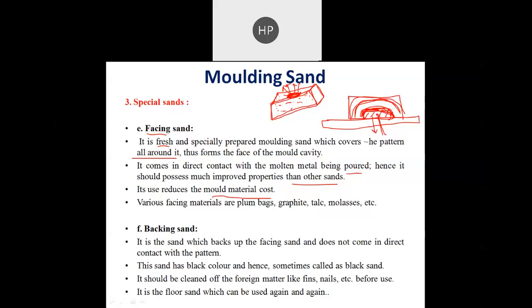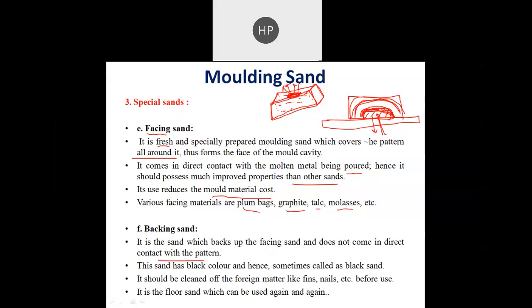And various facing materials such as plumbago, graphite, talc and molasses are used as a facing sand. Then backing sand. Whatever the sand that we are using over here is known as a backing sand. It is the sand which backs up the facing sand and does not come in direct contact with the pattern.